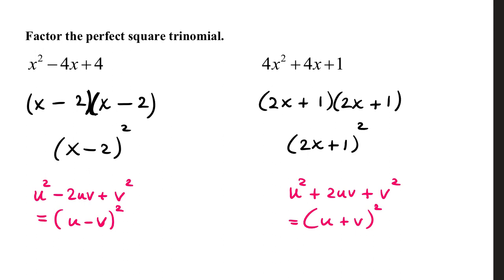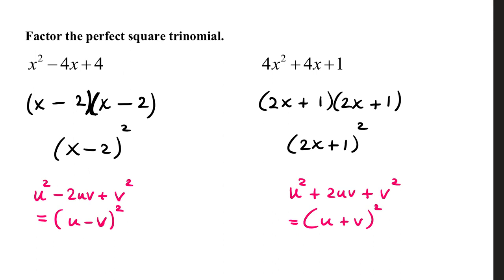Below, we have a couple of perfect square trinomials. Now, these are three-term expressions, and the idea is to break these down into parentheses as far as possible. Now, our x squared will break down into x times x. 4, that's 2 times 2.